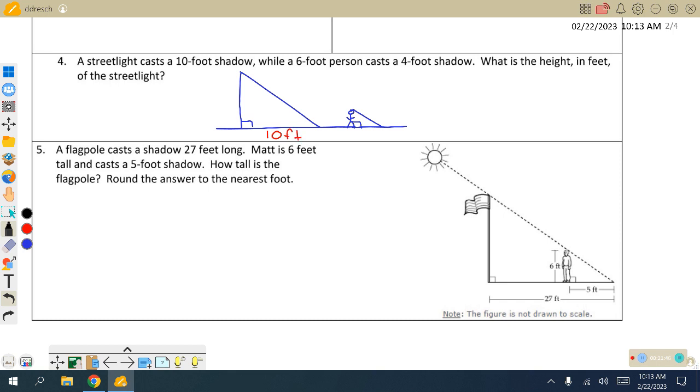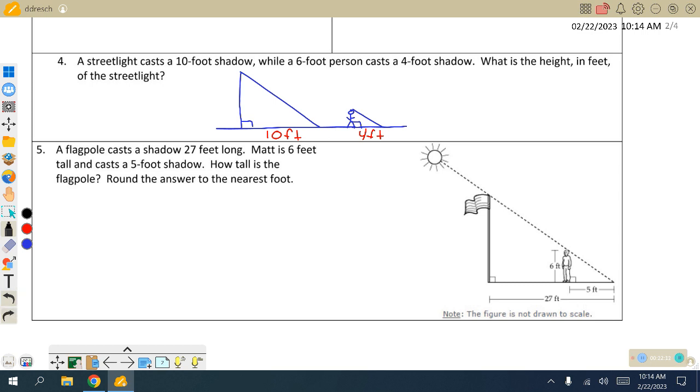Your 4-foot shadow, where's it going to be labeled? I don't know how many years I've done it, but I always have about 10% of my kids put the 10-foot shadow right up there. That means shadows are hiding right here. That's weird. Does not happen.